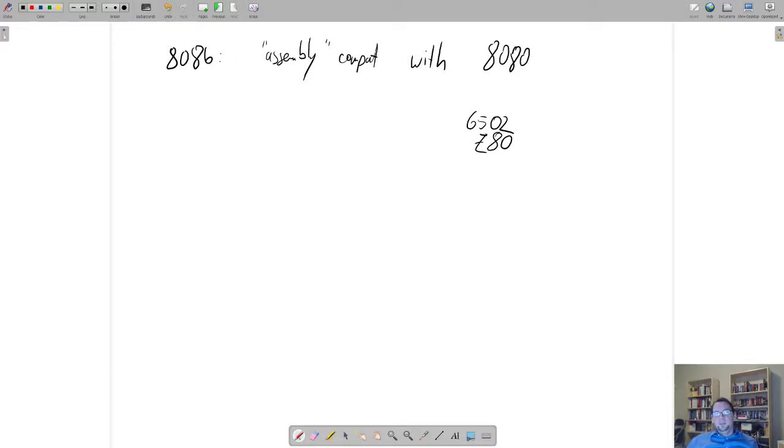They wanted to be able to take assembly programs that were written for the 8080 and run them on the 8086. It's not machine code compatible. You can't run 8080 binary code on the 8086, but the idea was that you could use a macro assembler, define a couple of macros, and then 8080 code would assemble cleanly and run just fine on the 8086.